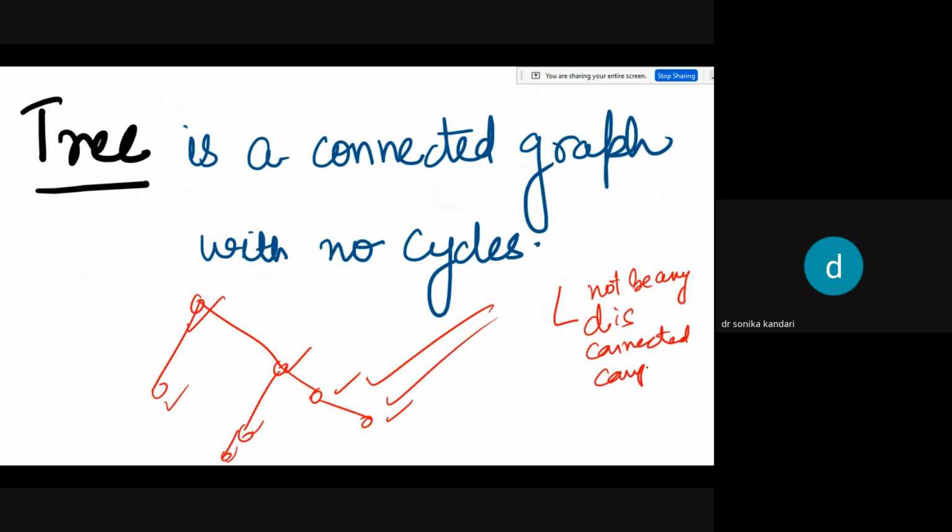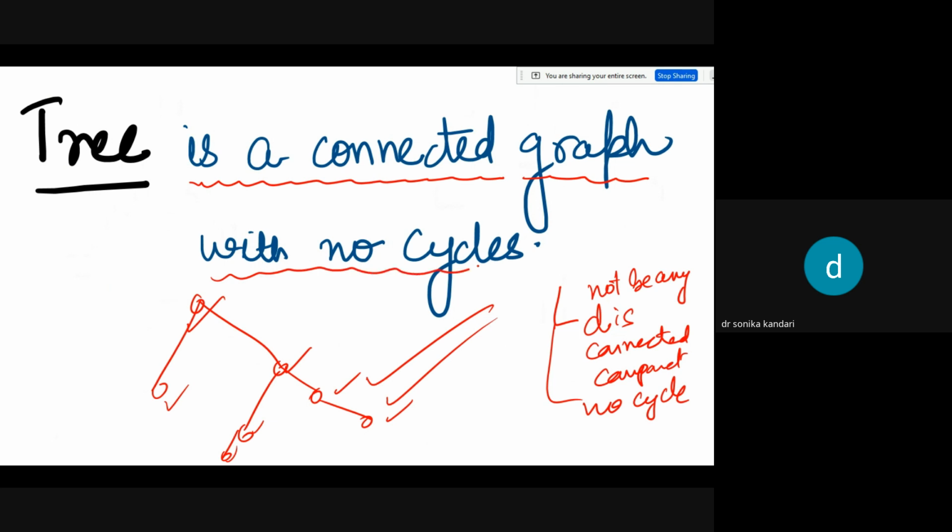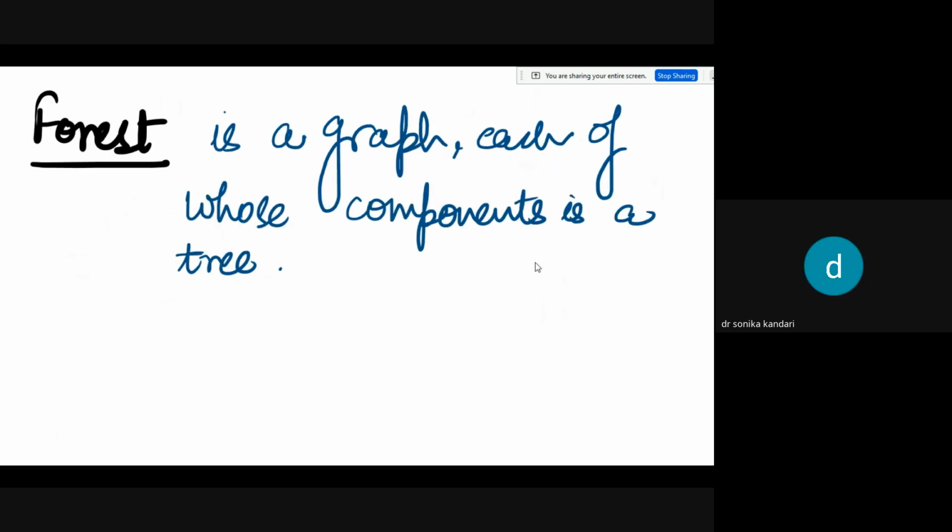All components should be connected and there should be no cycle. So we can define a tree: a tree is a connected graph with no cycles. Clear? Yes, ma'am.